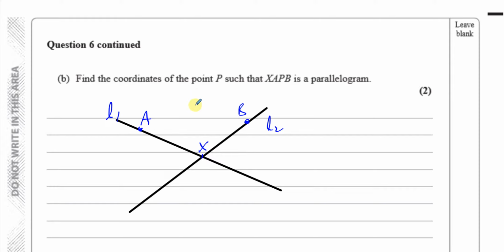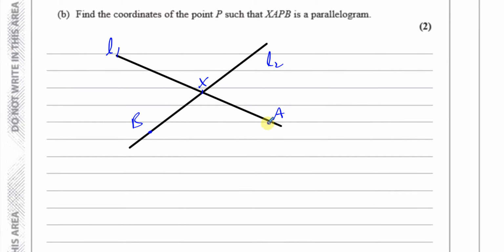is a parallelogram. Let me just draw the B over here so I've got more space underneath. Let's say this is A and this is B. So XAPB. If it's a parallelogram, then you're going to have a line that's going parallel to that line.